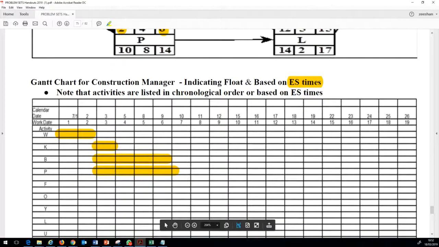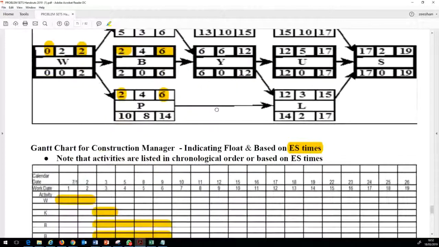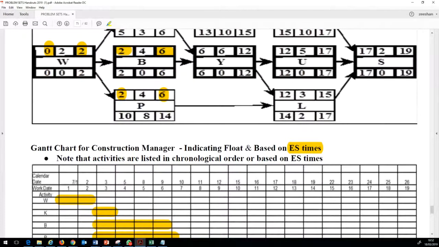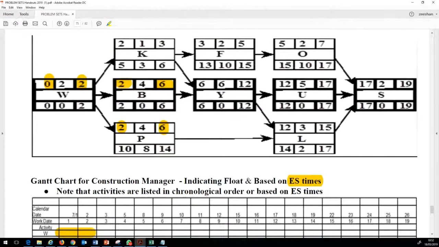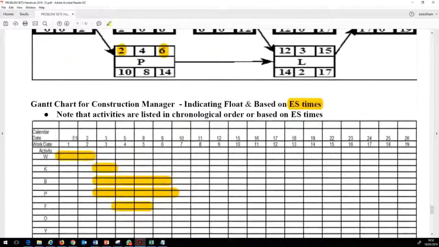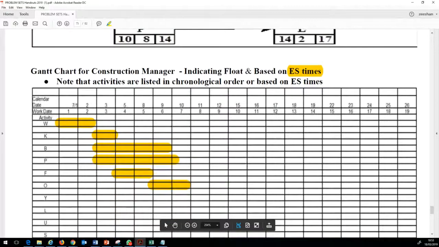So it's starting after month 3 and going on till 5, and then activity O is the next one, which takes place after activity F and goes on for a period of 2 months.